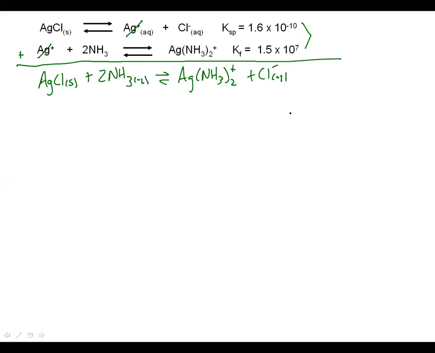The K value here would equal our KSP times our KF. It doesn't make a difference that they're technically two different K values, because ultimately they are all still an equilibrium constant. So if we multiply those together, we end up with a K value for this overall reaction of 2.4 times 10 to the minus 3. So again, we did something very similar to what we did before.